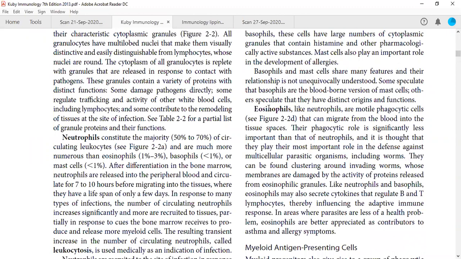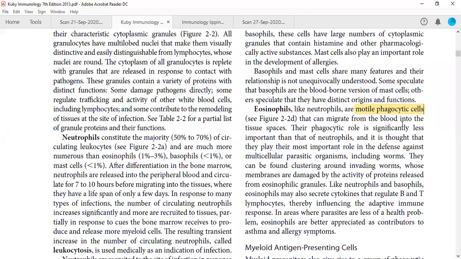So here, eosinophils, like neutrophils, are motile phagocytic cells. They do move, and the movement is crawling, so they can migrate from the blood into the tissue spaces by the same process, extravasation and then chemotaxis.